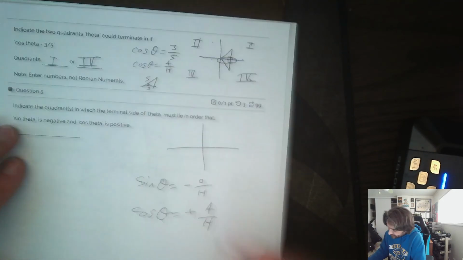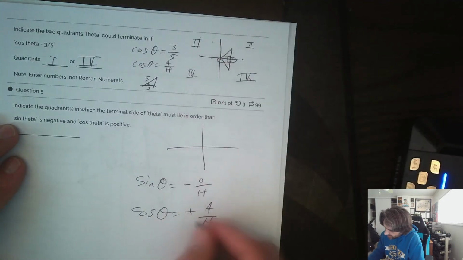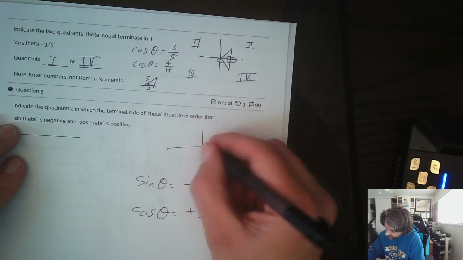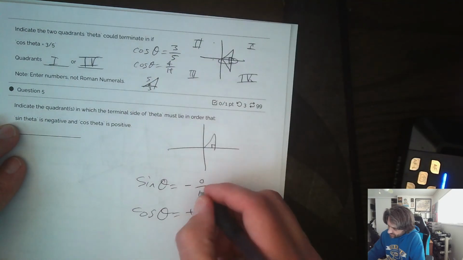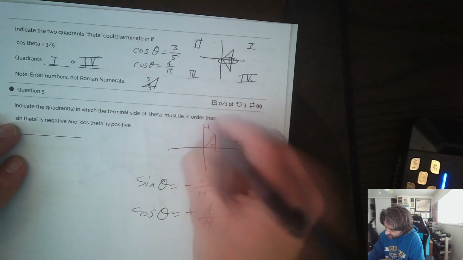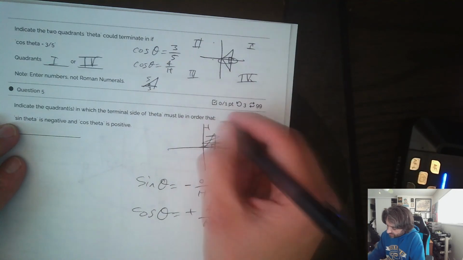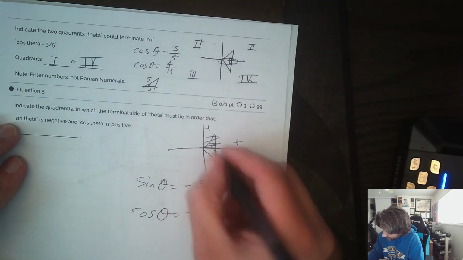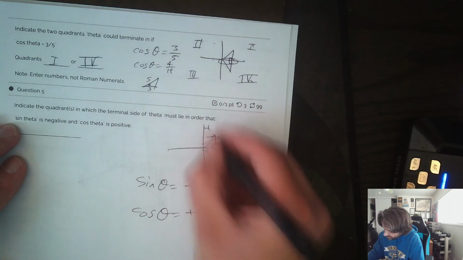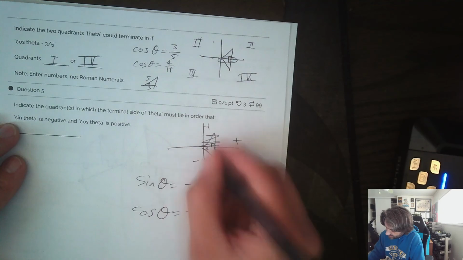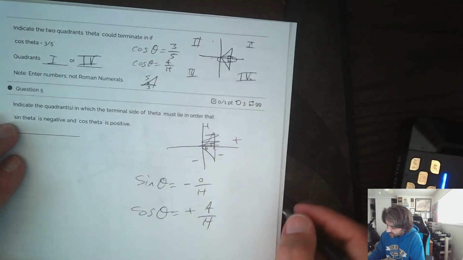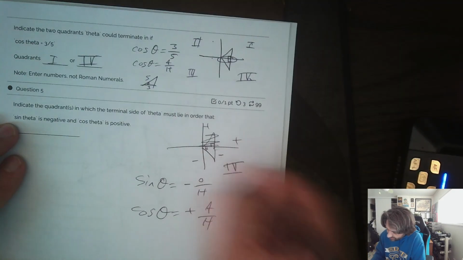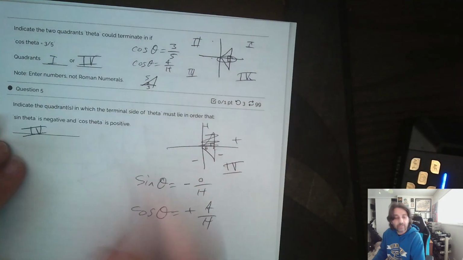So remember, we know that the cosine positive was up here, but the sine's negative, and this is all positive up. So we know it's not this one, but the other option was down here in 4. Remember that the angle is here, so the adjacent here is positive, but the negative is the y value. That would be a negative down. So I'm going to go ahead and say it's going to be quadrant 4.